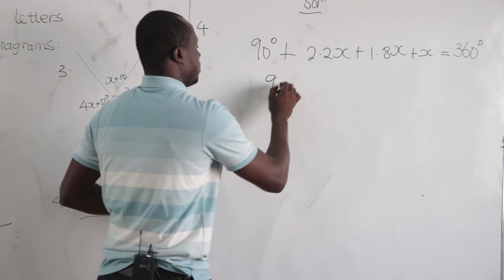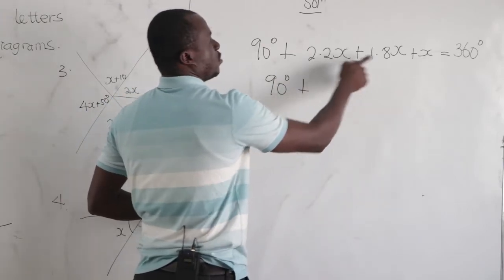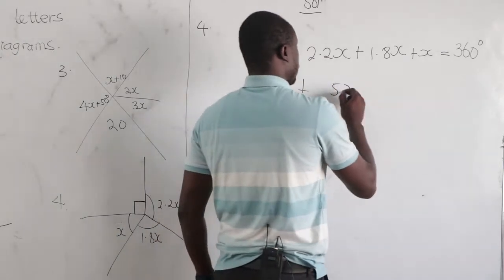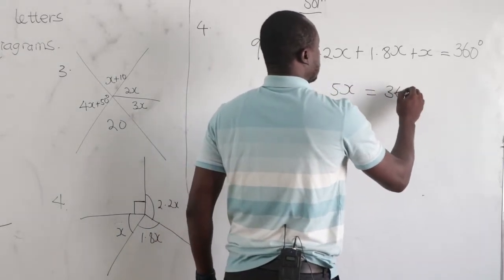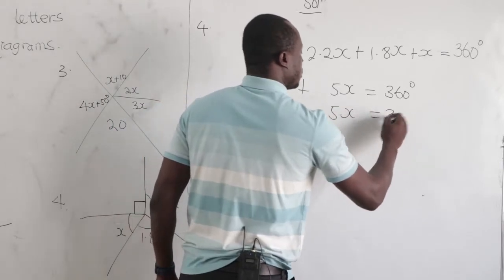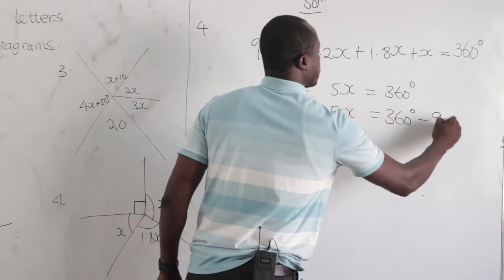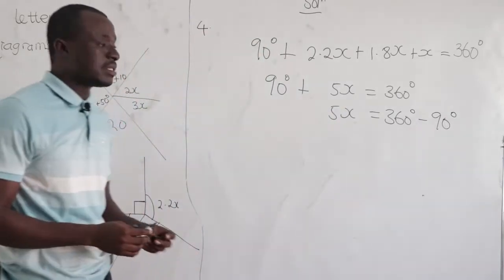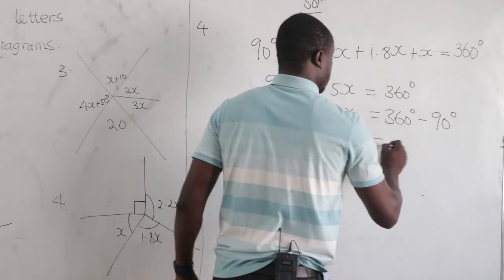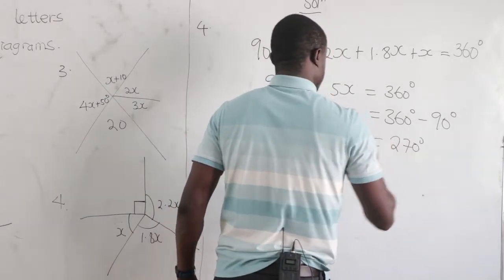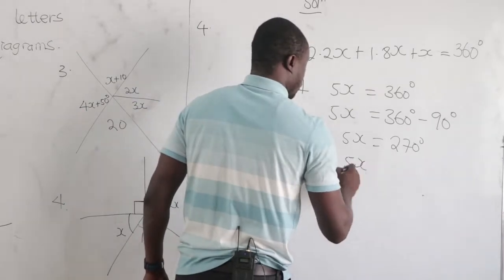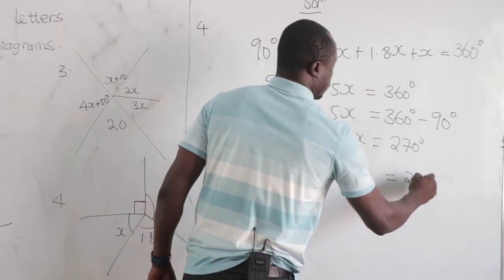So you have our 90 degrees, 2.2 plus 1.8, this is 4 plus 1, so we have 5x equal to 360 degrees. Want to find x, so we group like terms. 5x equal to 360 degrees minus 90 degrees. Now what is 360 degrees minus 90 degrees? This is giving us 270 degrees. 5x. We want to find x, so we divide both sides by what is multiplying the x, which is 5.